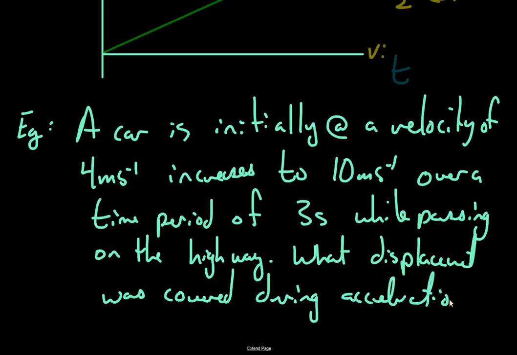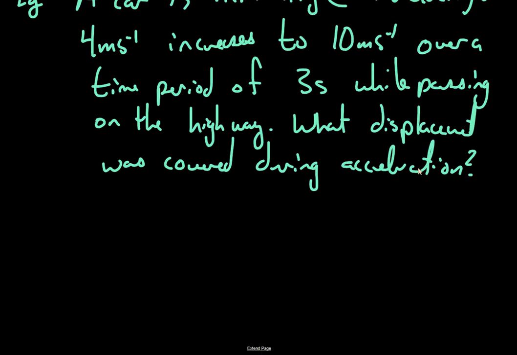This is a question where you can use this formula. A car is initially at a velocity of 4 meters per second and it increases to 10 meters per second over a time period of 3 seconds while passing on the highway. What displacement was covered during the acceleration?